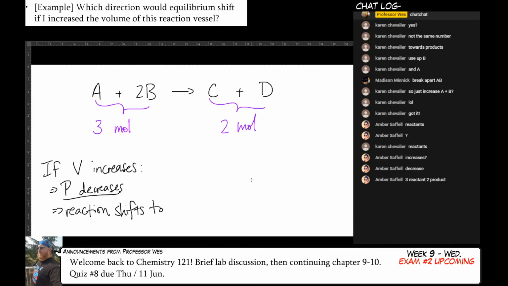Reactants or products? So if the volume increases, the pressure decreases. I have to fix that. I got to make more pressure, so I shift towards reactants because that is the side with more moles. Good.